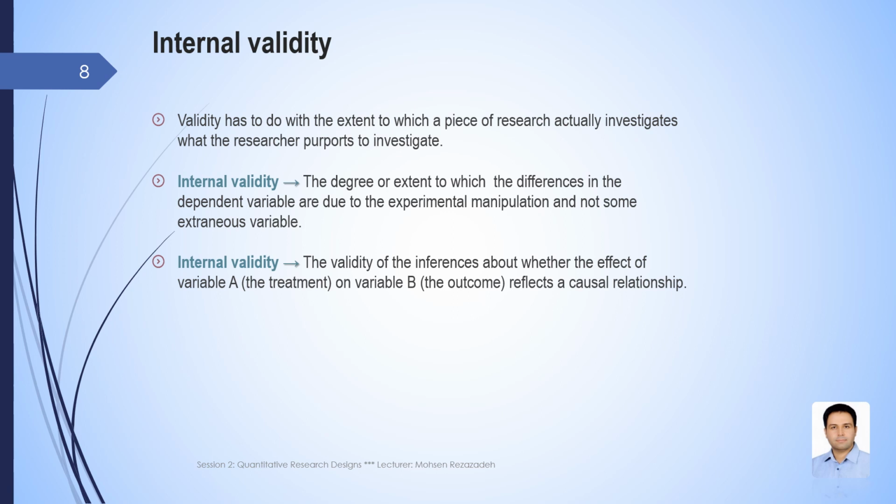Now, maybe one says that students' left-handedness or right-handedness can affect the results of our study. If this affects the result of our study, we can say that, yes, this fact threatens the internal validity of our research.